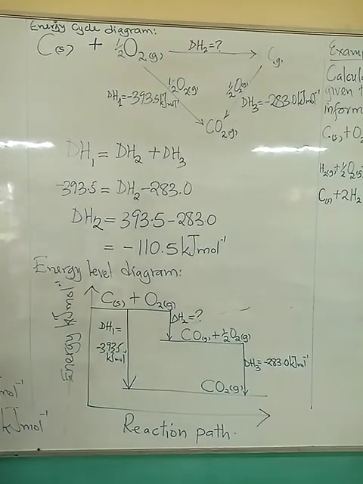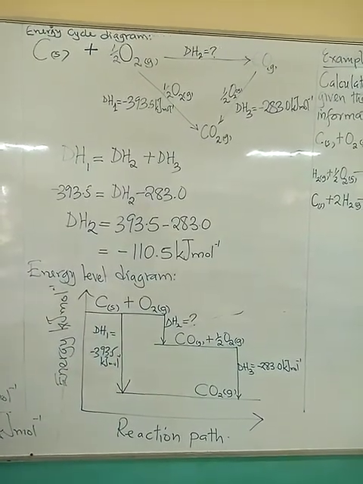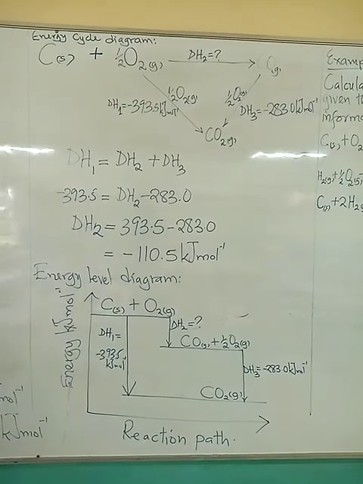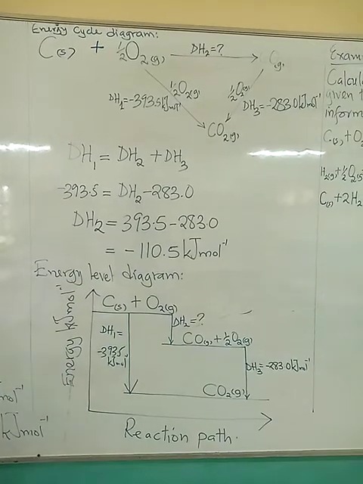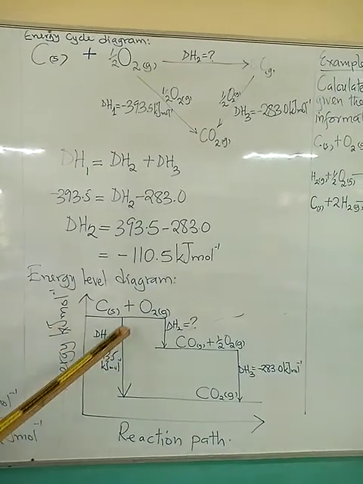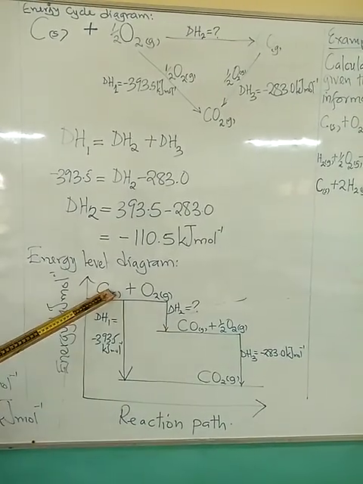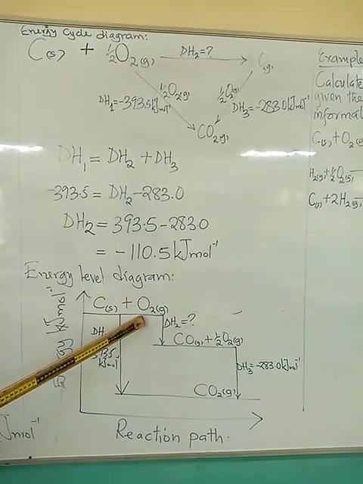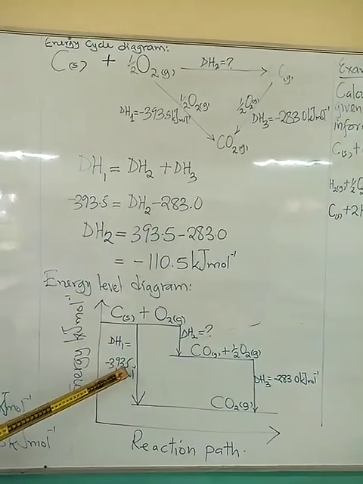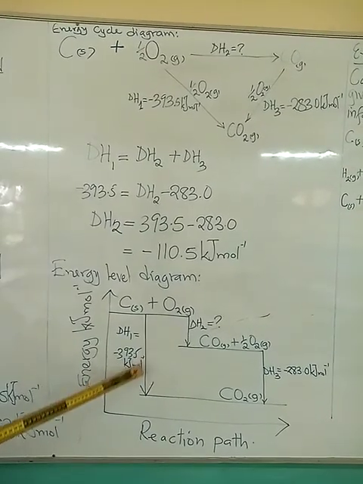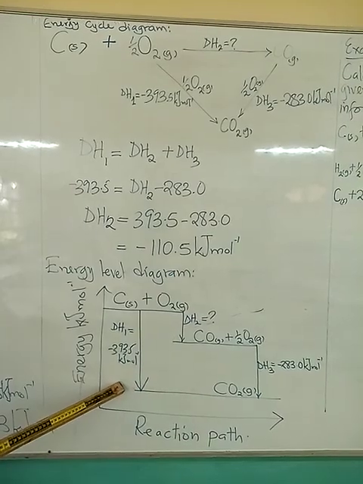It tells us that when we are drawing the energy level diagram, the reactant will remain at the top, and then the final product appears lower on the scale. And therefore carbon and oxygen, the final product is carbon dioxide. And therefore when carbon undergoes combustion under adequate supply of oxygen to form carbon dioxide, the enthalpy change is minus 393.5 kilojoules per mole. That's delta H1 presented as shown on the energy level diagram.